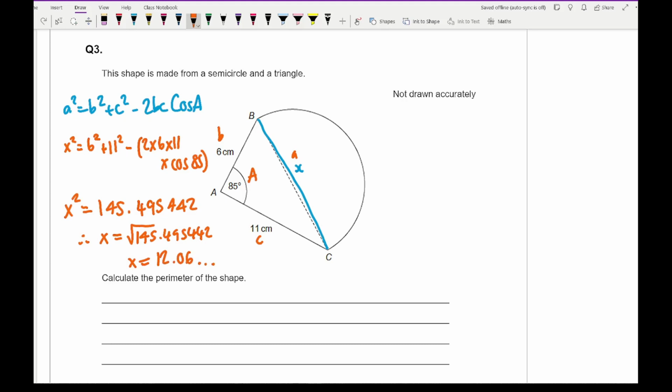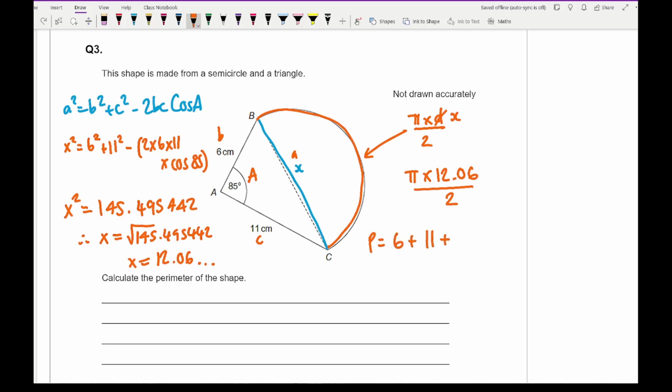Now to work out the semicircle part, well, that's the circumference of a circle divided by 2. The diameter I've worked out is x, so it's going to be pi times 12.06 divided by 2. Then to work out the perimeter, it's going to be 6 plus 11 plus all of that.